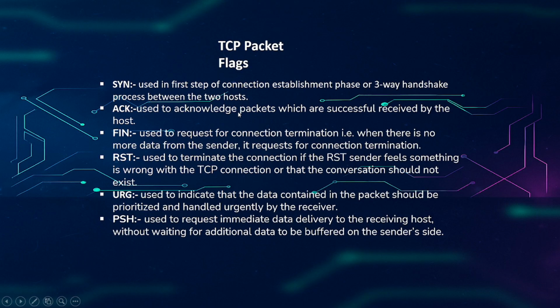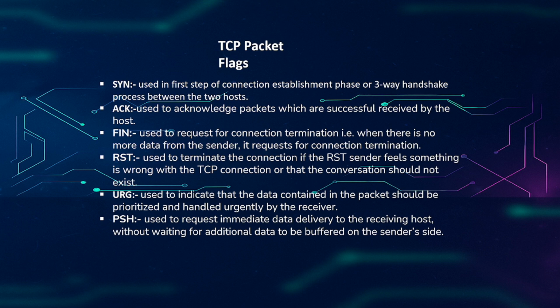So here's a list of different TCP packet flags. You have SYN, you have ACK, you have FIN, you have RST, you have URG, you have PSH. SYN is used in the first step of the connection between the source and the destination, which is your attacker IP and your particular target IP. As you can see from the examples of TCP full scan and TCP half scan, SYN is the first packet that's always sent.